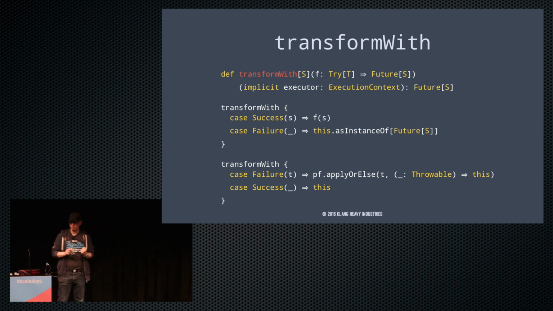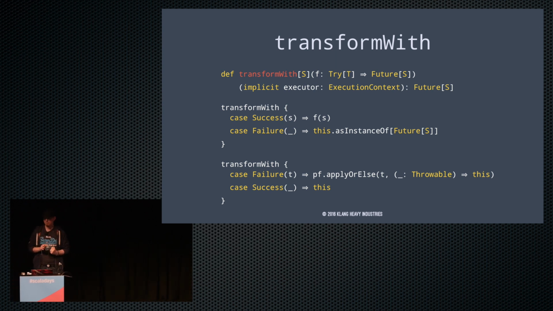In the spirit of the previous answer, it's flat map. The first one is flat map. What is the second? Takes a failure case, applies a partial function, recover with even.